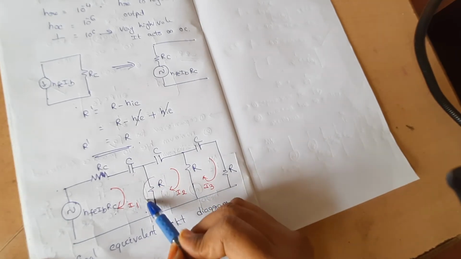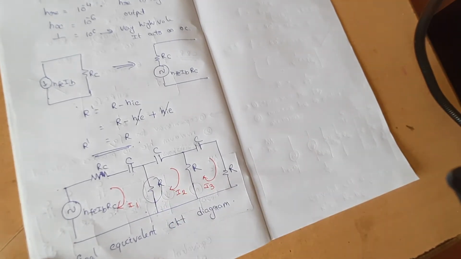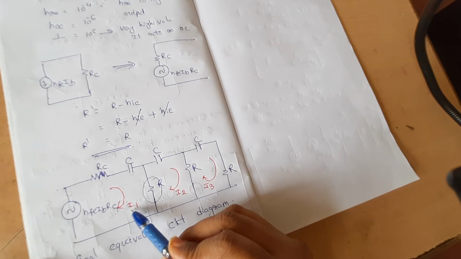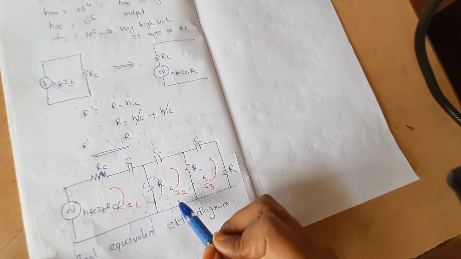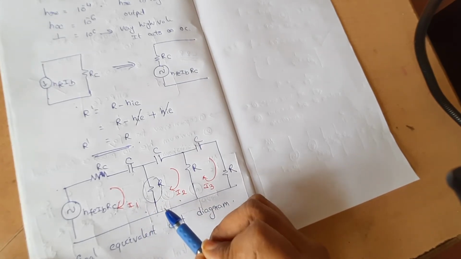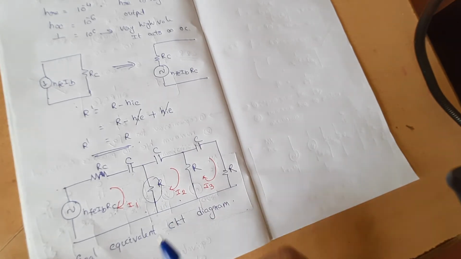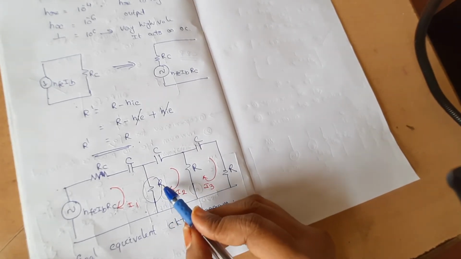Here in this R, both the currents I1 and I2 are passing. They are in opposite direction, so we have to consider the I2 current also for the first equation. So write down the equation.